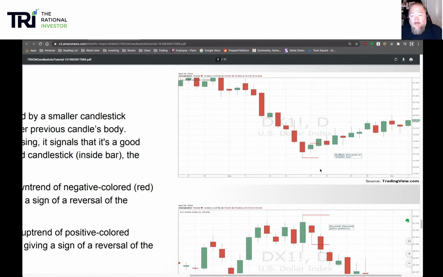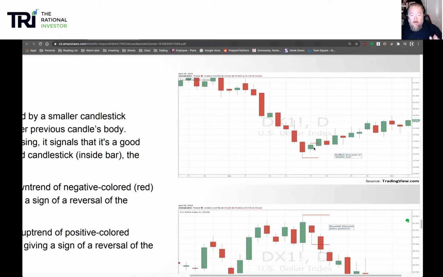So a harami has its entire range within the previous candle body. So it's like the opposite of an outside bar.